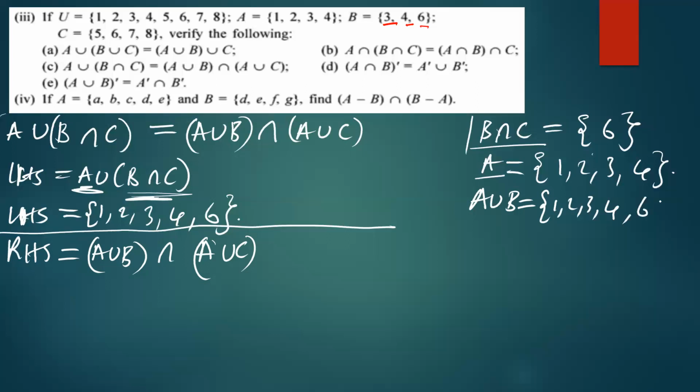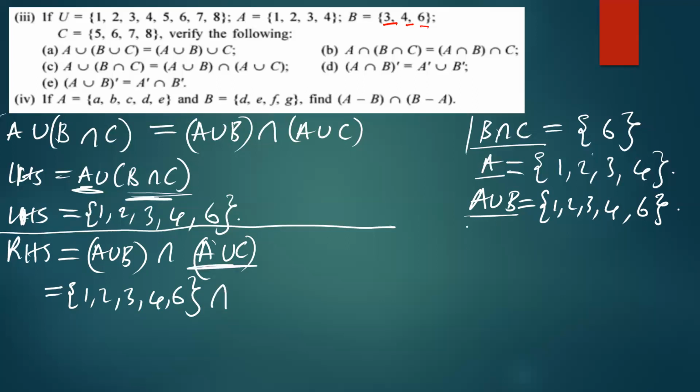So we put a 6 there, and this is our A union B. If you want, you can even write it there, which is 1, 2, 3, 4, 6. Then we're finding the intersection of this set and this set.